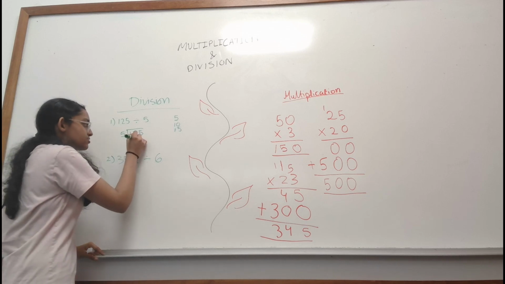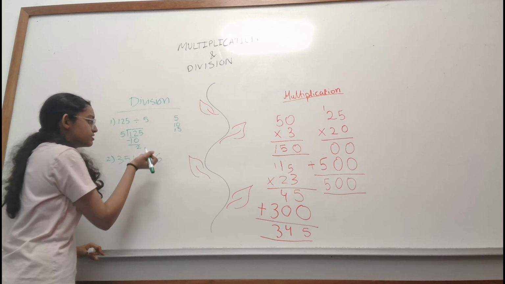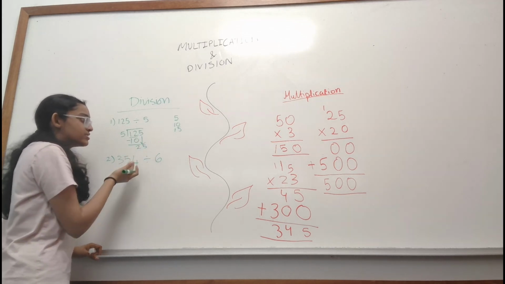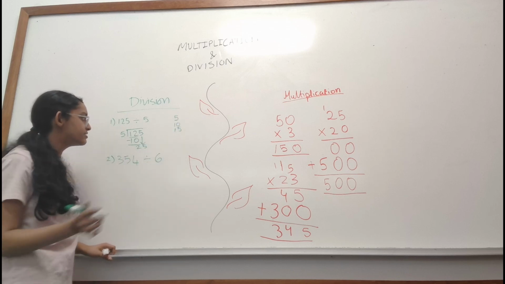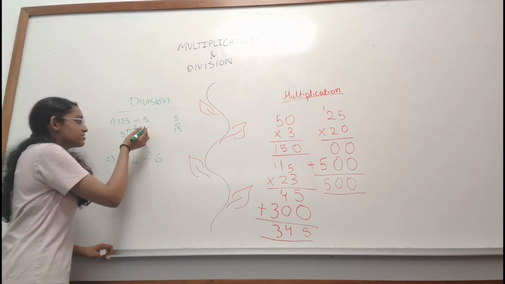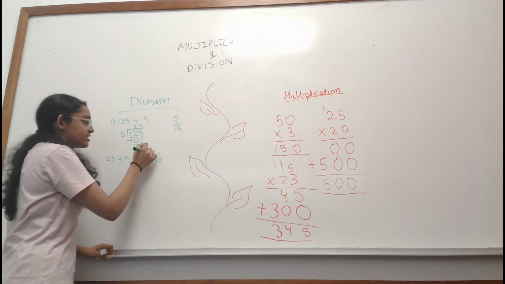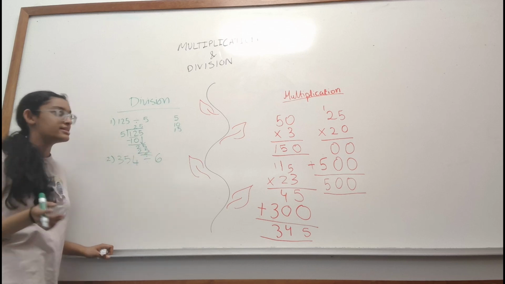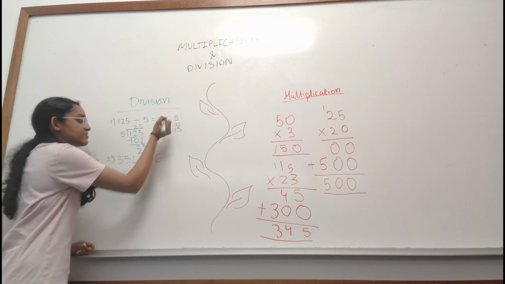So we're going to do 12 minus 10, which is going to get us to a 2, right? And then we break down the 5. So 25. And then when you keep going, you know that 5 times 5 is 25. So you just put a 5 up here, and 5 times 5 is 25, remainder of 0. So basically, 125 divided by 5 would equal 25.